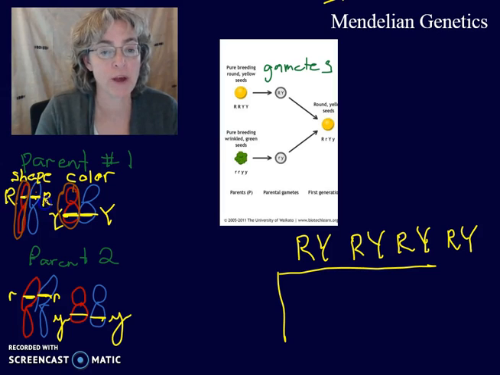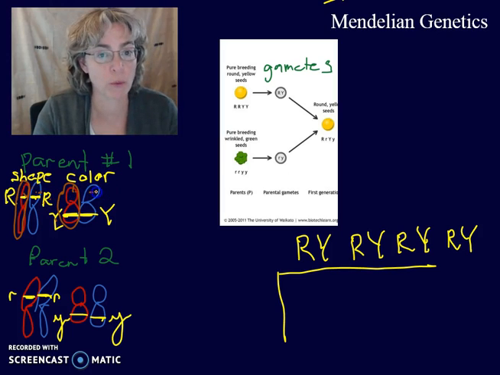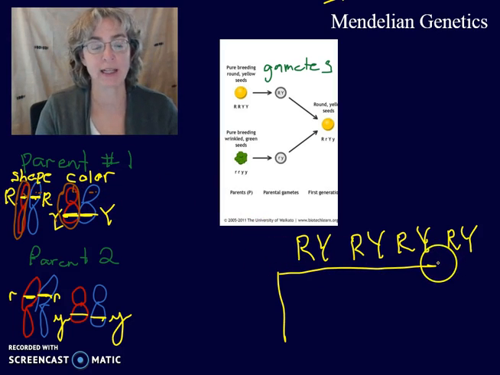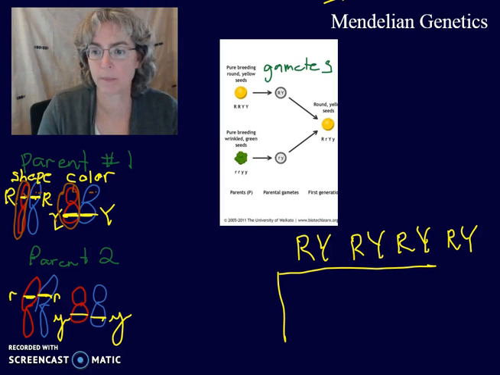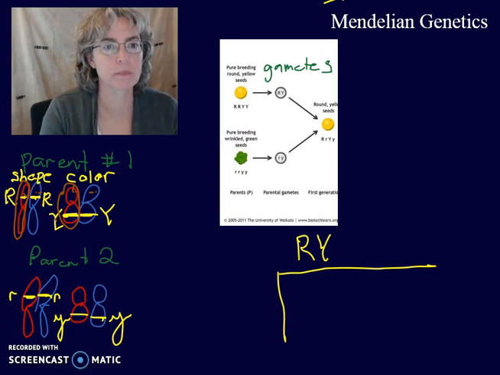But they both have big R's, it doesn't make a difference. Or this chromosome and this chromosome can go into one gamete, or this chromosome and this chromosome can go into a gamete. So you see how there are 4 different possibilities that can go into a gamete, but they're all exactly the same. So we can just represent that by big R, big Y.